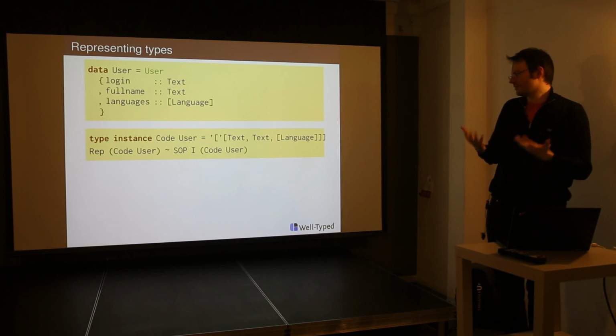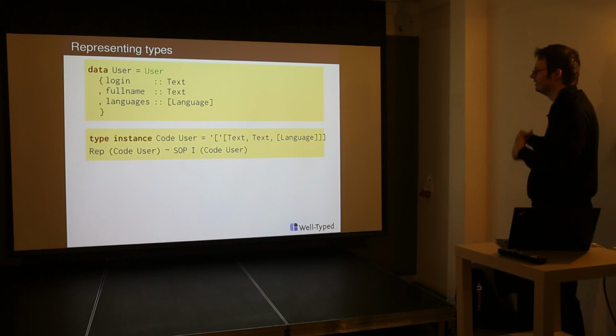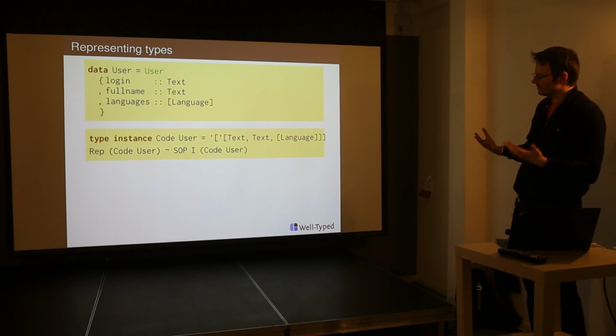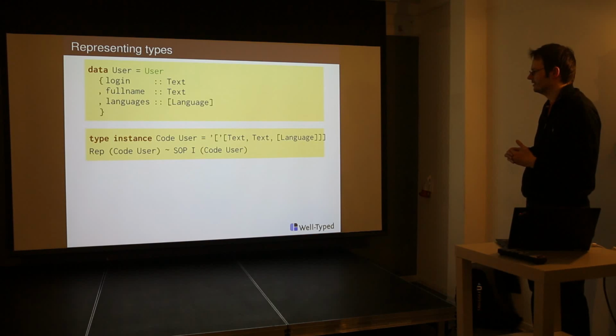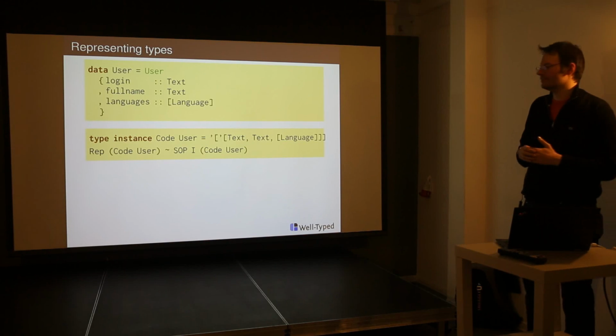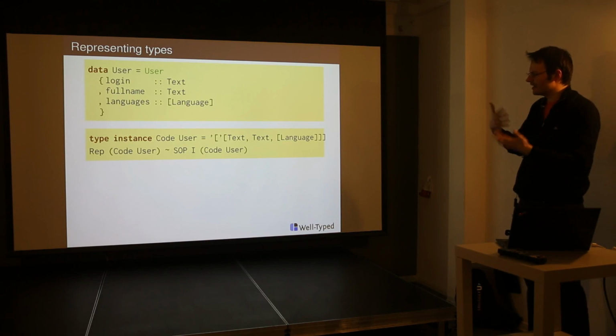And that's what the code is. The code is a list of lists: the outer list contains one element per constructor, and the inner lists contain the types of the fields of each constructor.